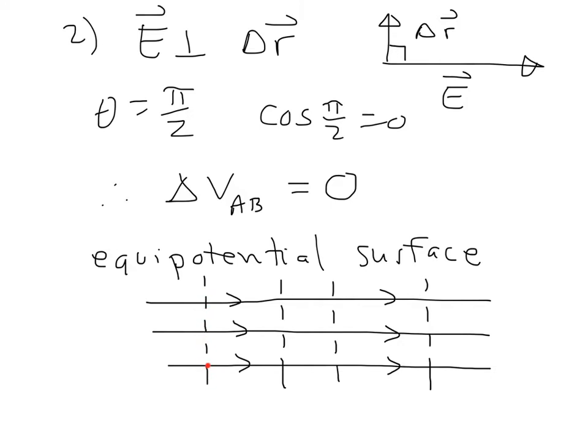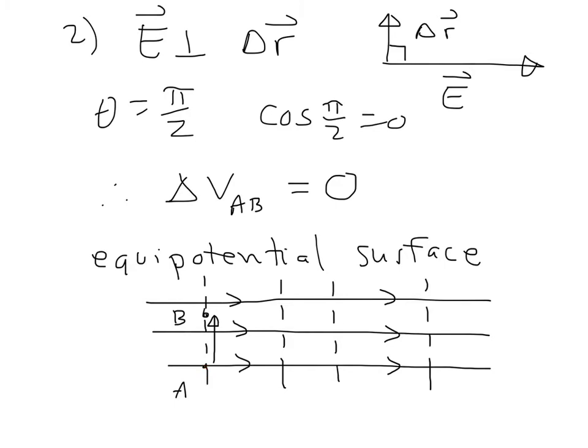If I were to pick one point, let's say here, and evaluate its potential, let's call that point A, and then I were to pick a second point, call it point B, you can see that the displacement vector between those is in fact perpendicular. So by the theorem or the result that we just derived, the potential difference between B and A must be 0, so the potential at B must be the same as the potential at A. And that exists anywhere on the surface.